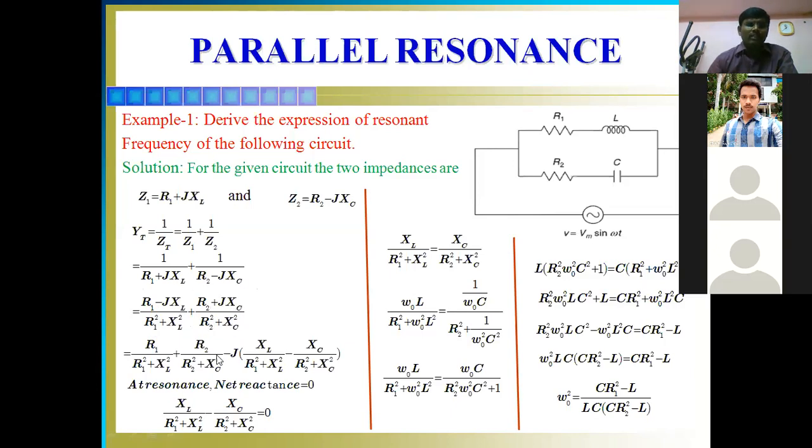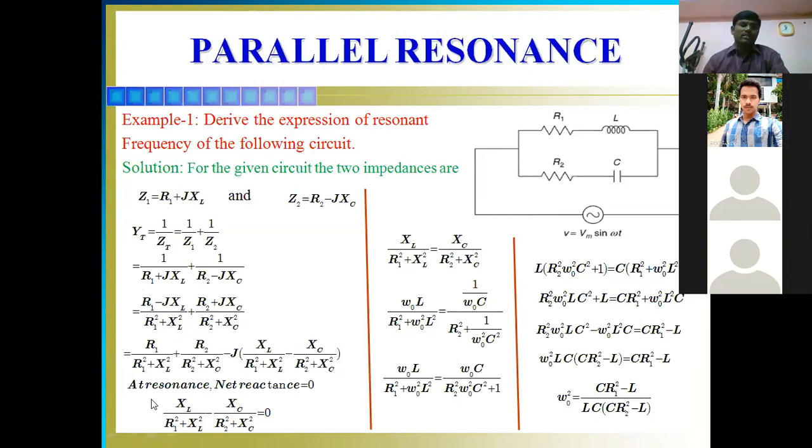Then you separate real and imaginary parts. Here R1 by (R1 square plus XL square) plus R2 by (R2 square plus XC square), minus j into [XL by (R1 square plus XL square) minus XC by (R2 square plus XC square)].